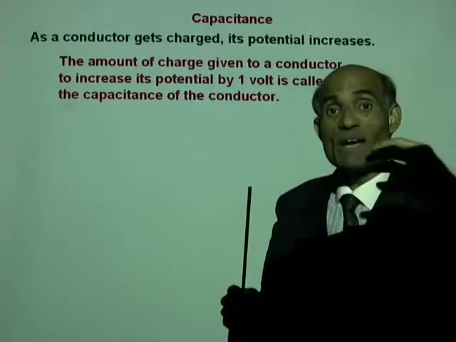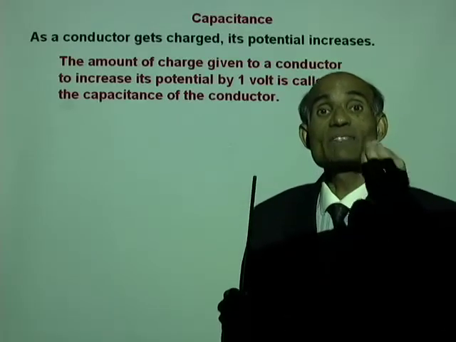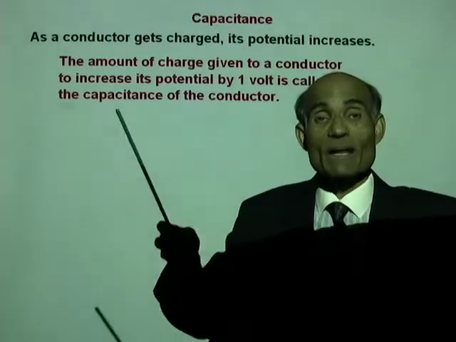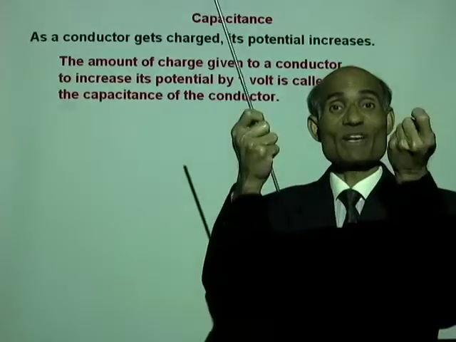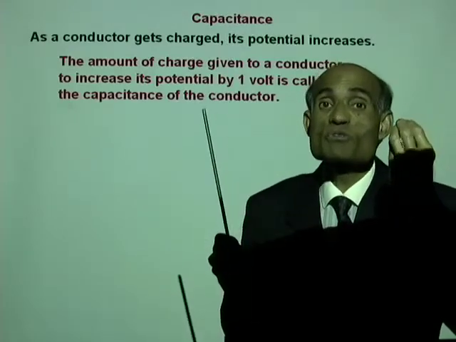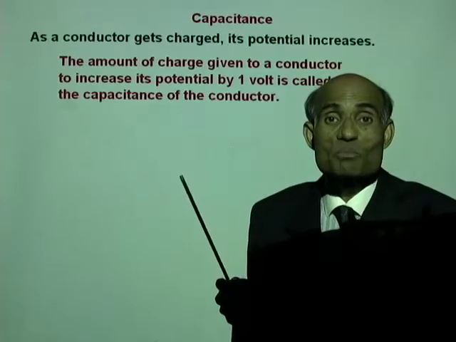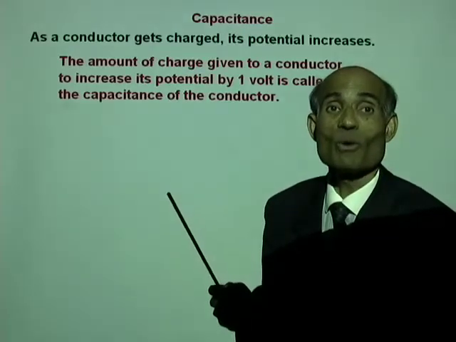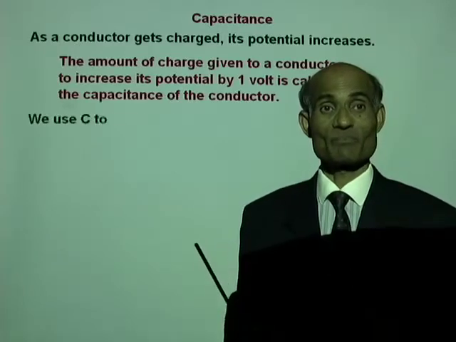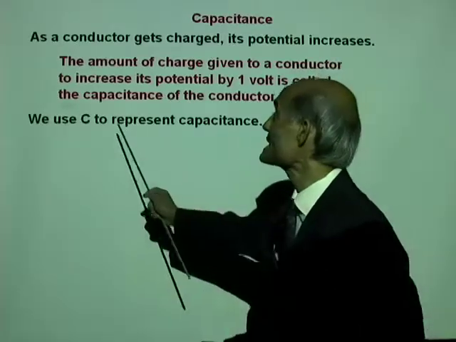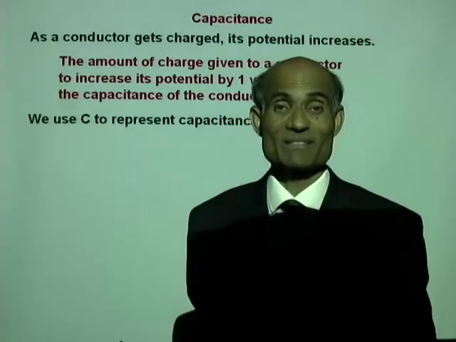So, in the same way as when liquid is poured into a container, the height increases, when electric charges are given to a conductor, its potential increases. The amount of charge that is given to a conductor to increase its potential by 1 volt is called the capacitance of the conductor. Now, we use the uppercase letter C to represent capacitance.